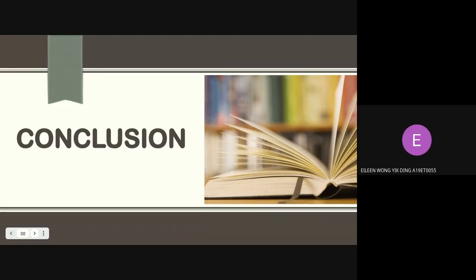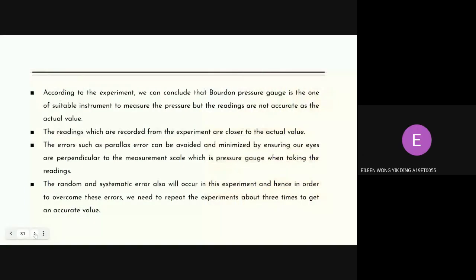The next is the conclusion. According to the experiment, we can conclude that the Bourdon pressure gauge is one of the suitable instruments to measure pressure, but the readings are not as accurate as the actual value. The readings recorded from the experiment are close to the actual value.